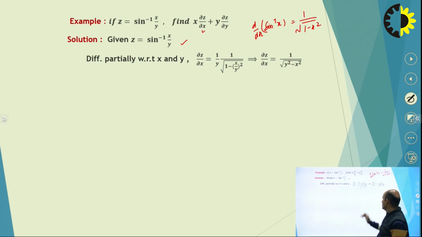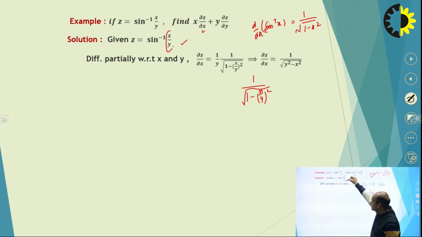So this differentiation will be 1 upon root 1 minus x upon y whole square. So this is the differentiation of sine inverse x upon y, but we have to differentiate the inner function also, which is x upon y. If we are differentiating partially with respect to x, then y will be constant here. Y will be constant means we have 1 upon y, and differentiation of x is 1 here.